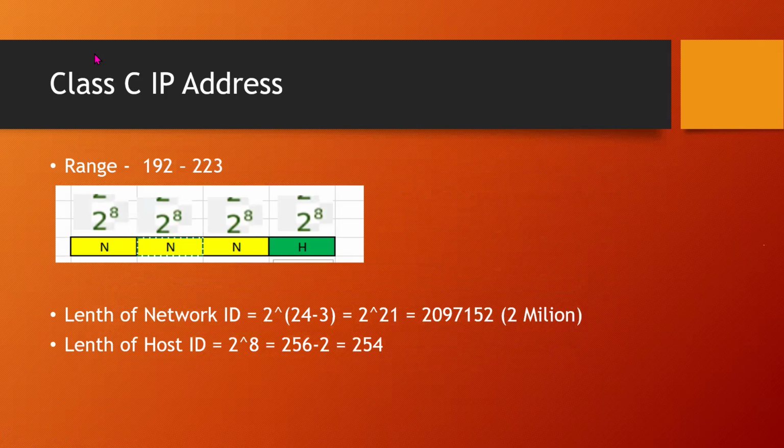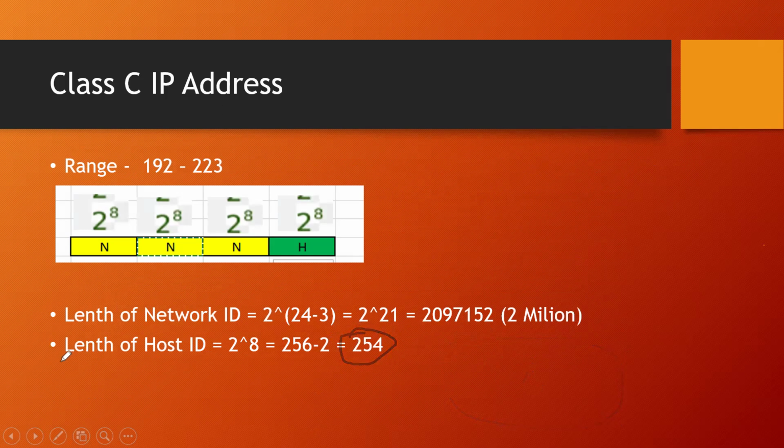We can create only 254 hosts. But what happens if 500 hosts are required? Then we have to move to class B, right, if I want more hosts.